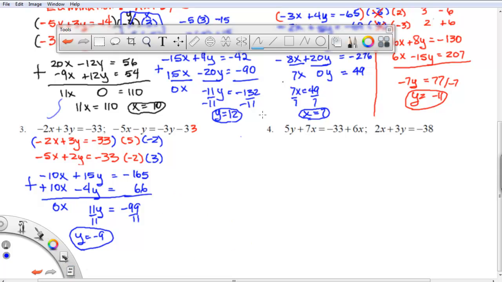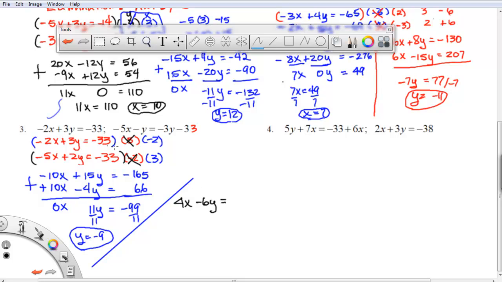Okay. Now let's go ahead and find our x. Well, we do this one in black. We've already used those to find the y, so I'm going to cross those out. So negative 2 times the negative 2, that is 4x. And negative 2 times positive 3 is a negative 6y.